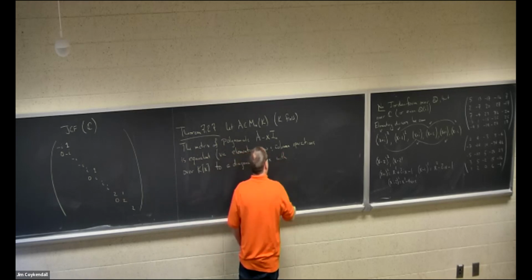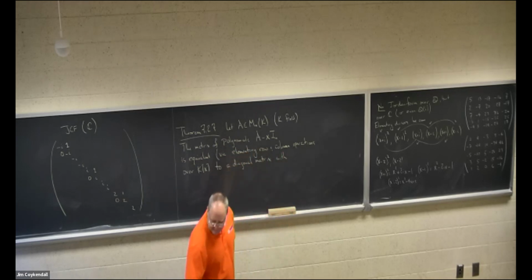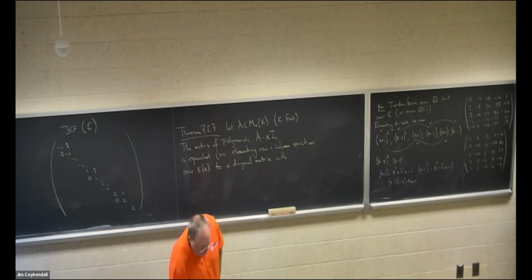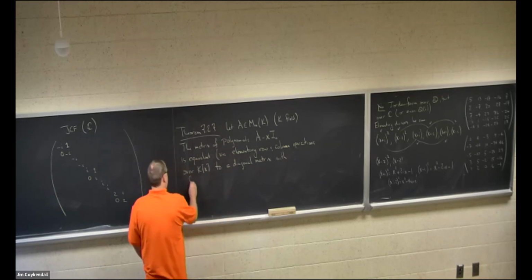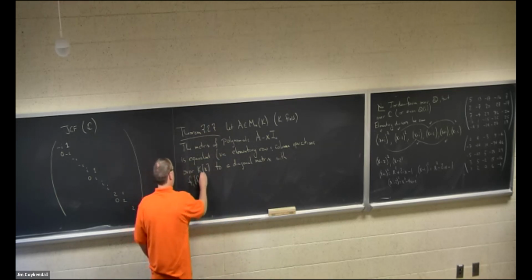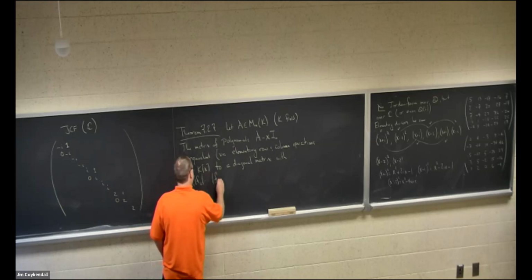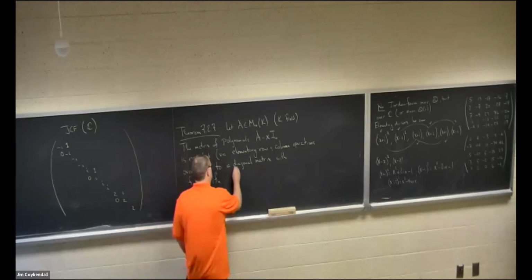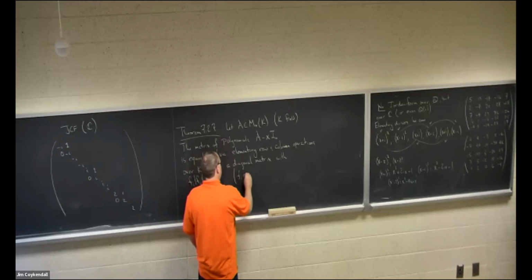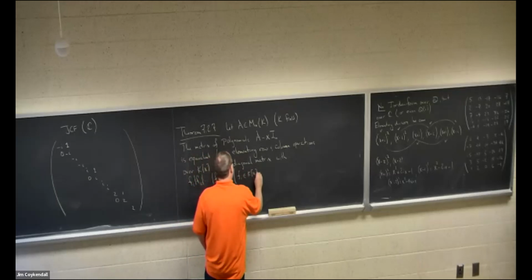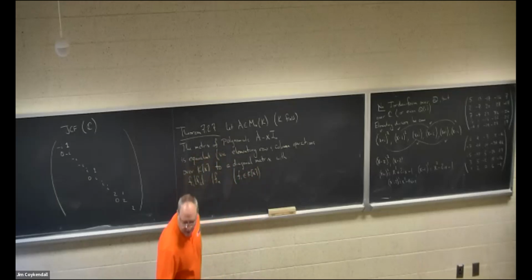With diagonal entries f_1 divides f_2 divides ... divides f_n, where f_i is in K[x]. So these are polynomials or perhaps constants.